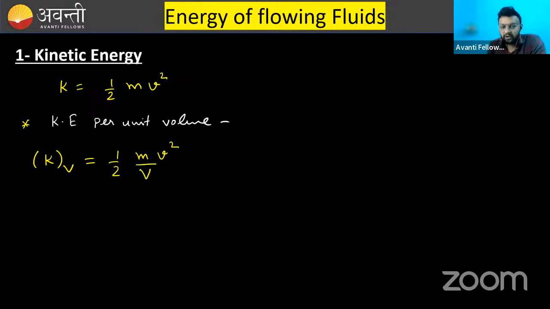The small v is velocity, the capital V is the volume. And mass per unit volume is nothing but the density. So kinetic energy per unit volume will become half rho v square.